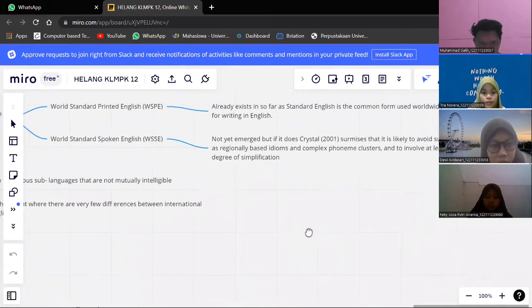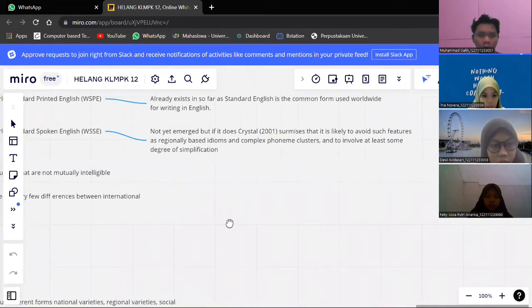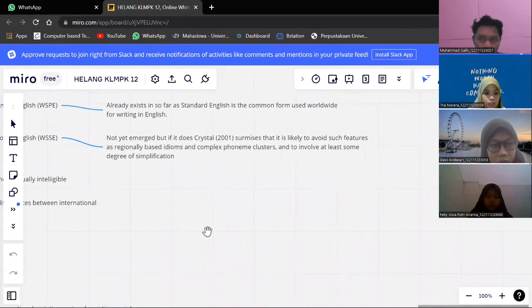WSSE has not yet emerged, but Crystal surmises that it is likely to avoid such features as idioms and complex phrasal clusters, and to involve at least some degree of simplification.